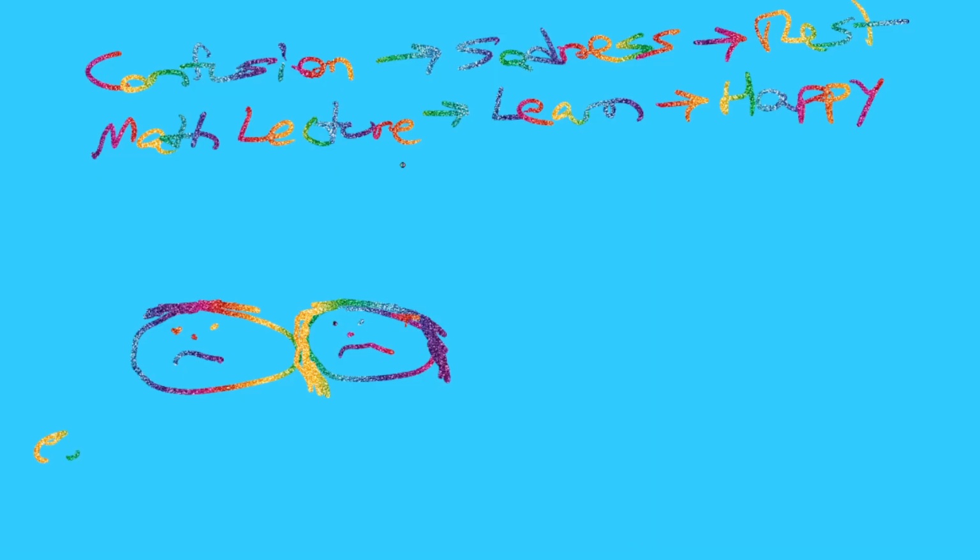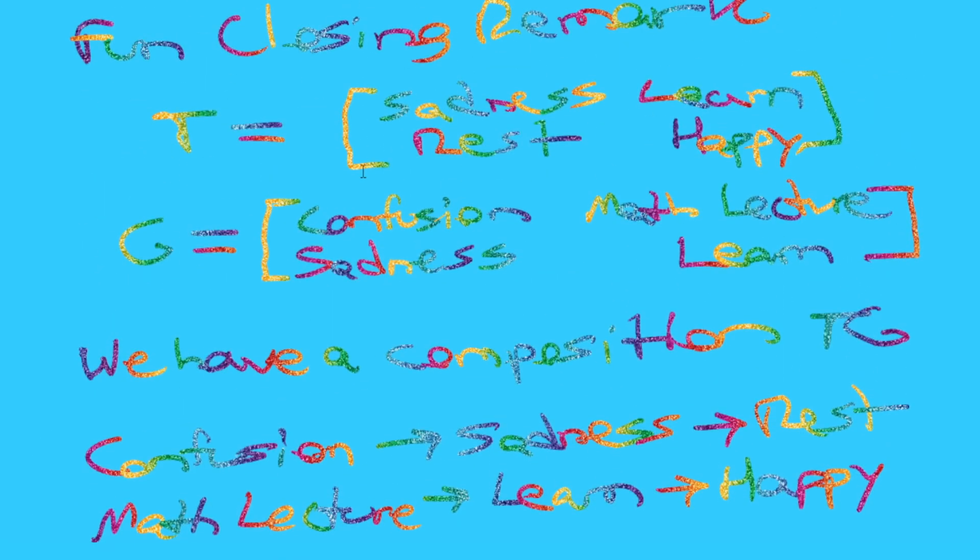So these are confused and learning. So we could say that they're kind of G, maybe, or at least the first column of G.